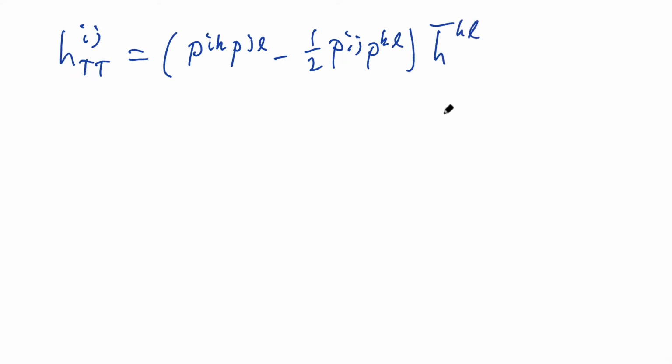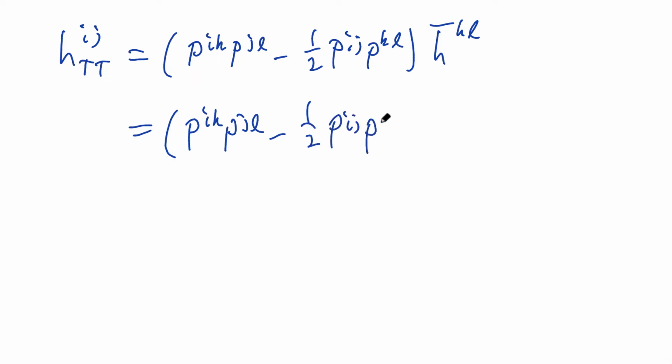Now, using our result for h bar in terms of the second moment of the mass distribution, we have 2 over r times the second time derivative, and I'll use dots to denote the second time derivative. So that's I double-dot kl, and it's a function of t minus r.